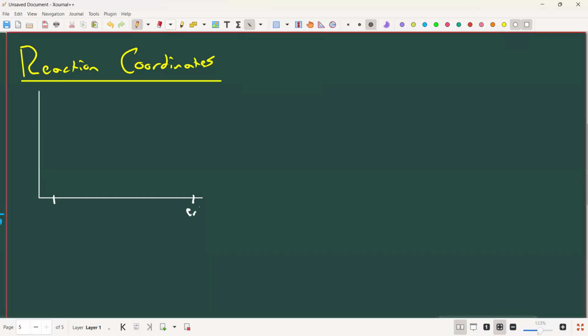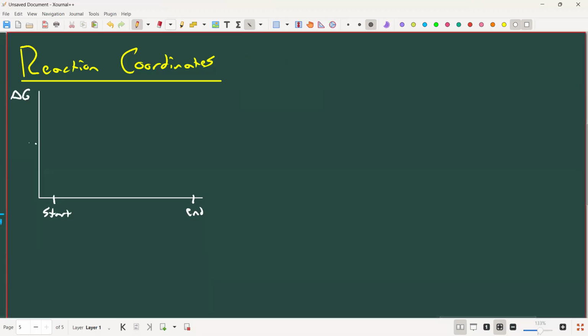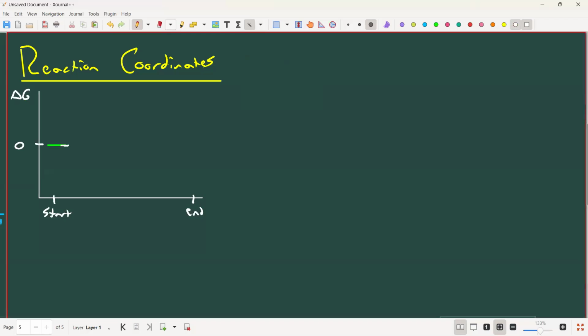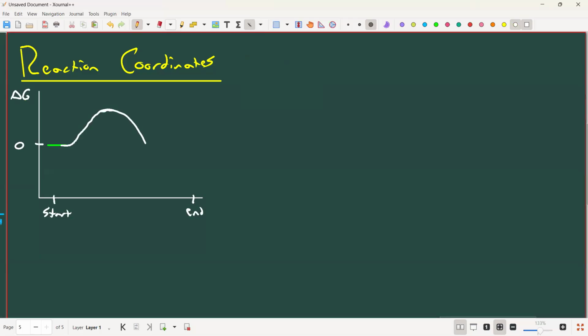I'm going to write start and end, and we'll plot delta G. The system starts at some energy 0, the energy smoothly increases until it hits some maximum value, and then the energy decreases to some final energy for the end point.